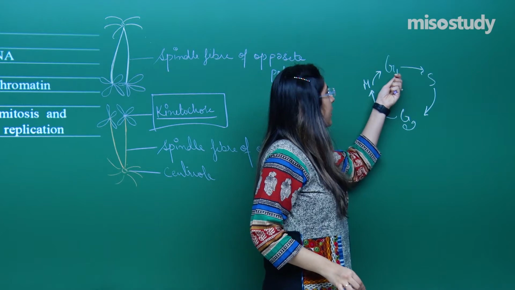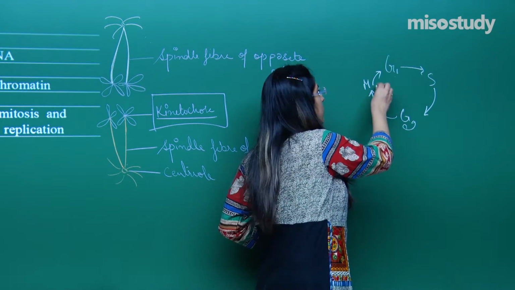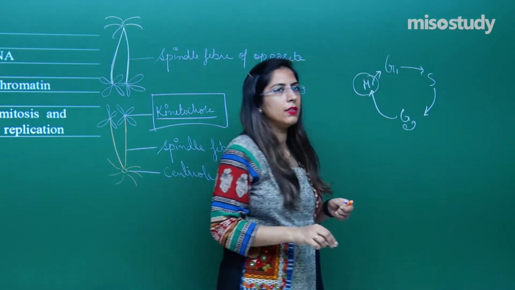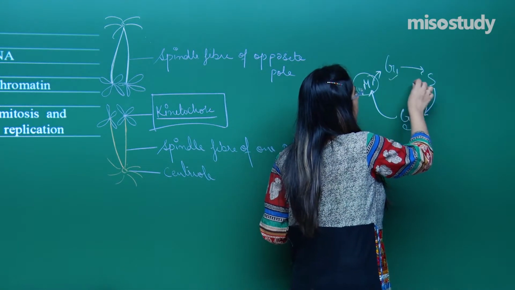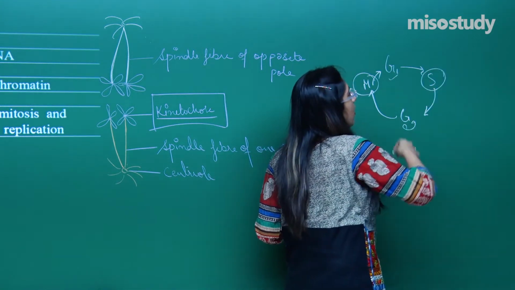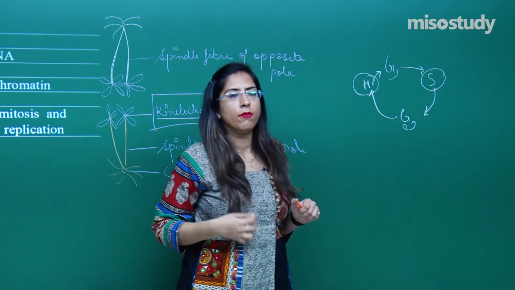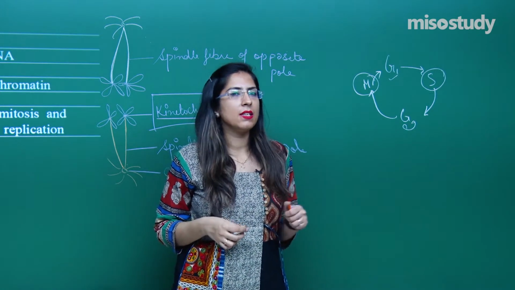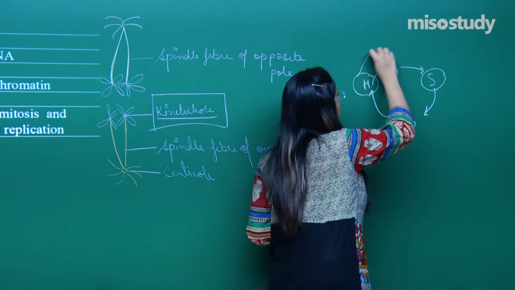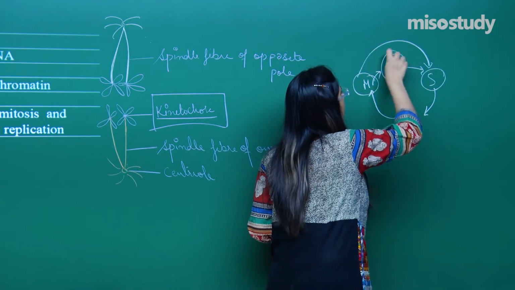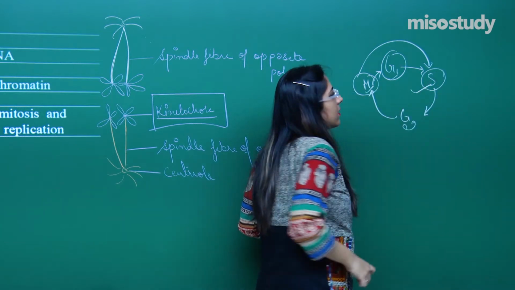G1 phase is that phase in which the cell has already undergone mitosis. Now it has to enter into the G1 phase so that it can prepare itself for the S phase, the synthesis phase, and in the synthesis phase DNA replication occurs. So this is an intermediate between mitosis and the S phase.